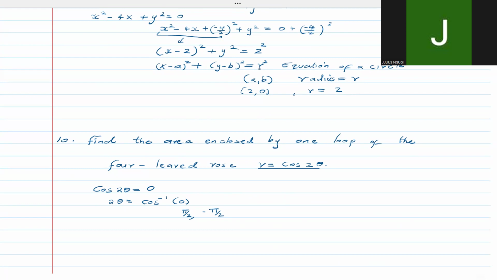Then we want to find theta, so theta equals pi over 4 and minus pi over 4.